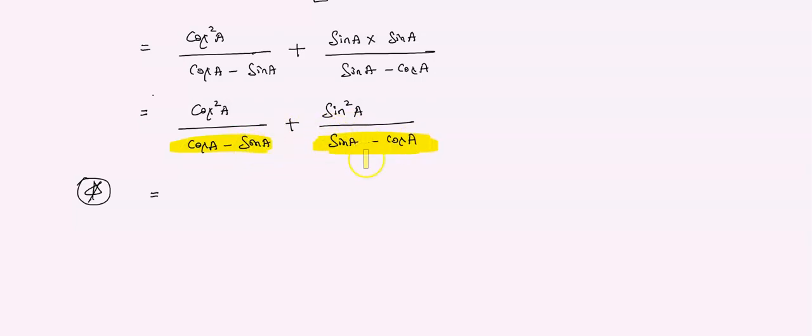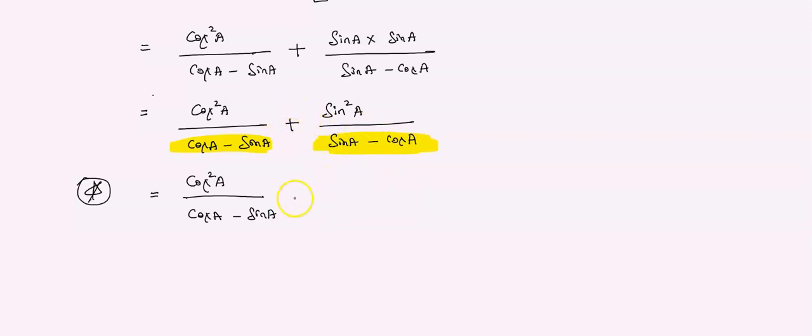Now I want to bring both the denominators the same. The first denominator is cos A minus sin A, and even here I want to bring this sin A minus cos A as cos A minus sin A. So here we are going to do one small change. Cos square A by cos A minus sin A. Now here, in sin A minus cos A, I am going to take minus as common factor.